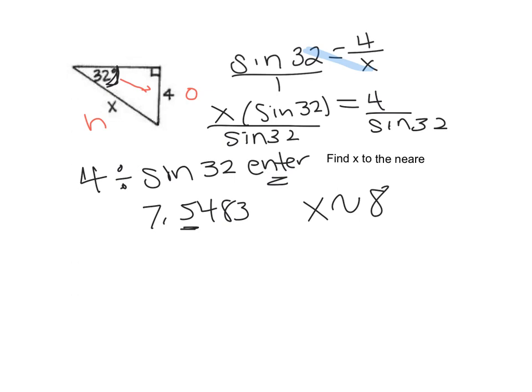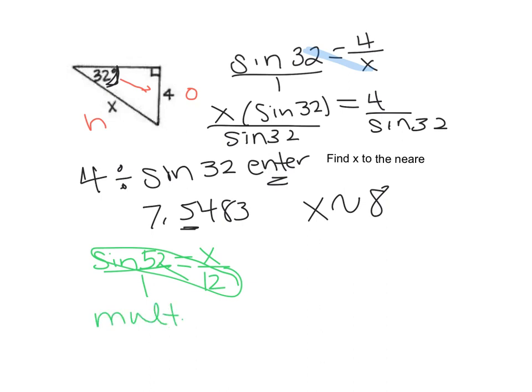So when I'm solving these equations, what I want you to see is there are 2 different ways to do these. If you have sine of 52 equals x over 12, and there's a number in the denominator, you're going to multiply. And if I don't have a number in the hypotenuse, and I go to multiply and there's an x there, this is when I'm going to divide.